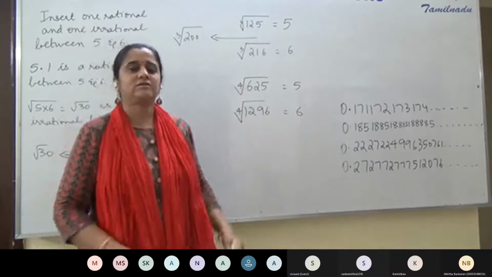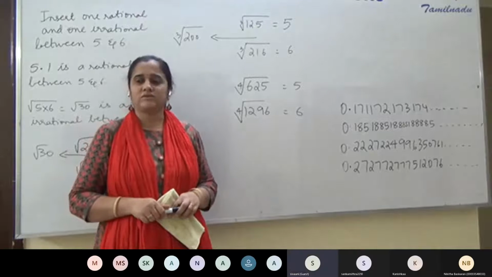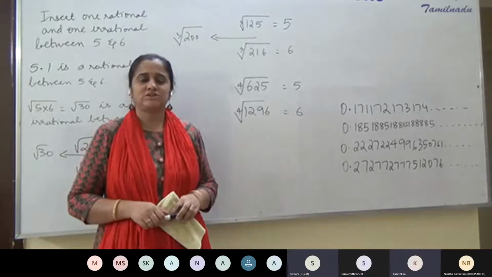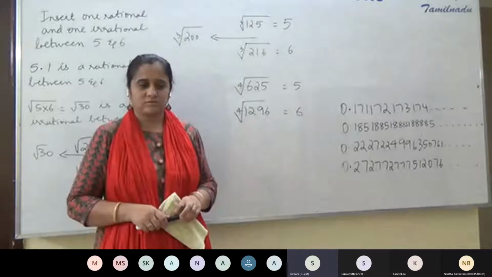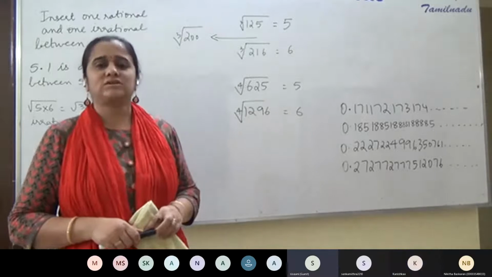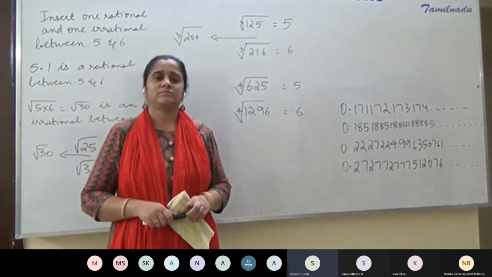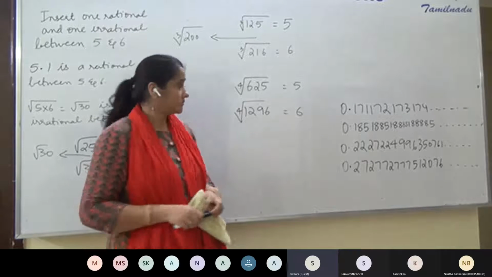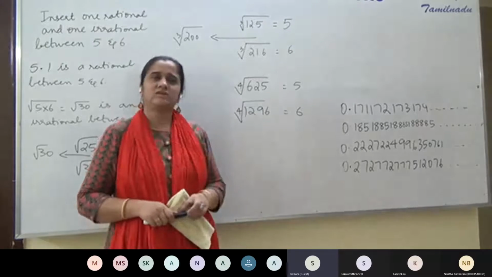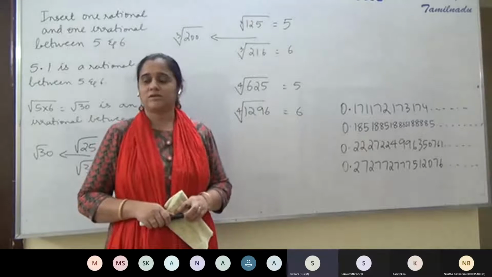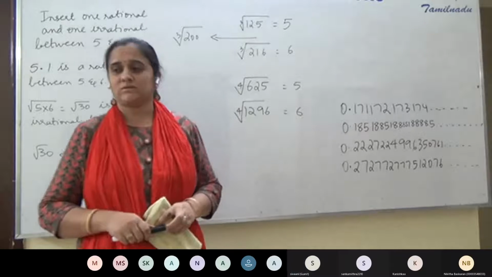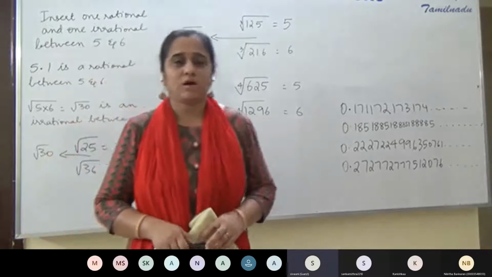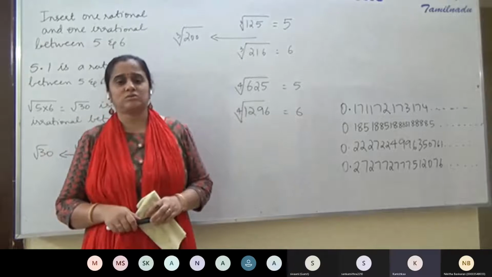Yes, Shivani. Kanishka: fourth root of 620? No, the board is not clear. How can it be fourth root of 620?